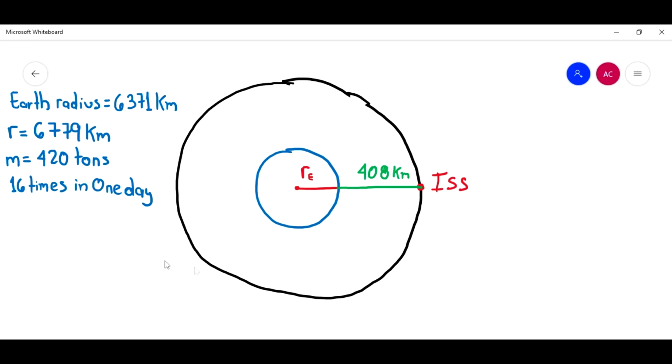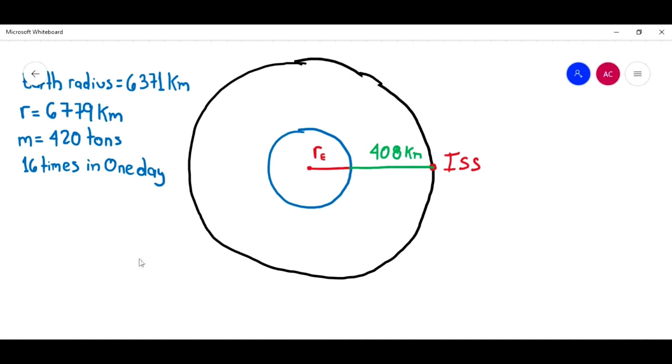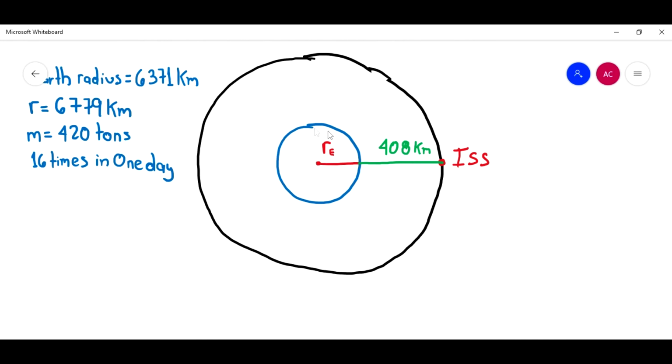So before I do anything, that's the drawing. This is the Earth radius, and this is the distance. Of course, it's not to scale, I hope you see that. I guess this is the most important thing about this problem.